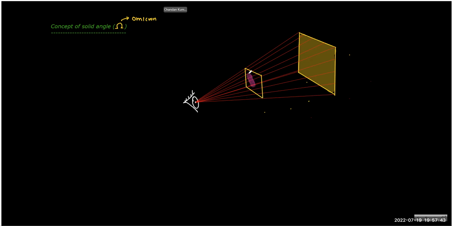So why are you not able to see the frame using the thumb, although the thumb is smaller in size? Because your thumb is subtending exactly the same solid angle as the frame on your eye.